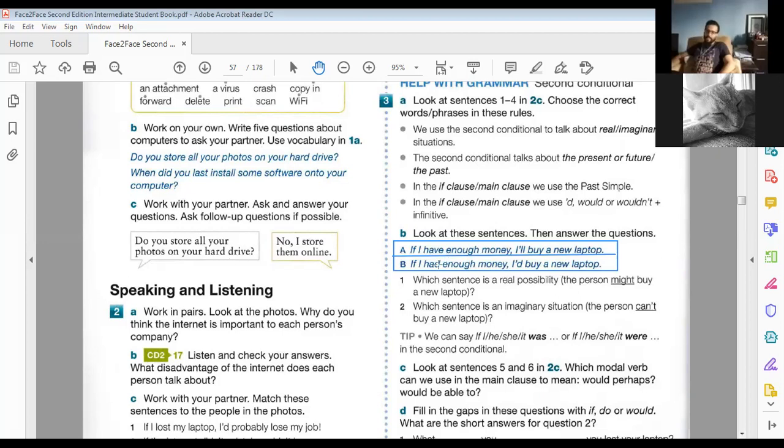طبعا second هي على فكرة second conditional طبعا مثال ثاني ما قدوناش عليه. But what do you think? I'm just guessing.